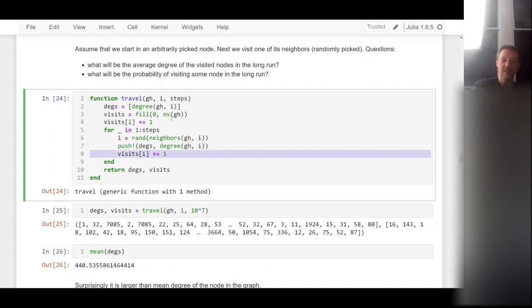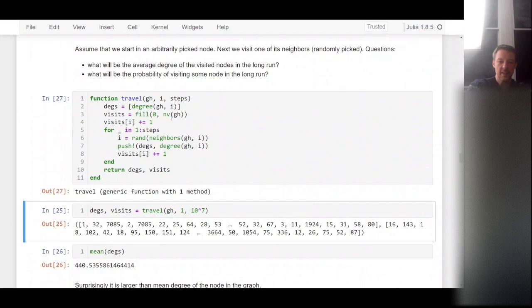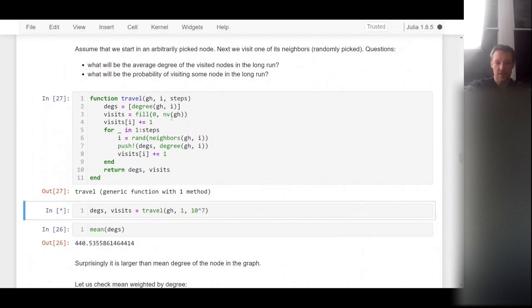And second, I record that I visited this node i one more time. Is it clear what I do? So after I run this simulation, I will get two vectors again. One, list of degrees of nodes that I have visited, and second, how many times I have visited each individual node. So now let me first of all define this function, and then let me run this function.